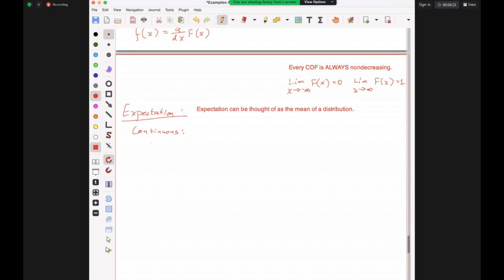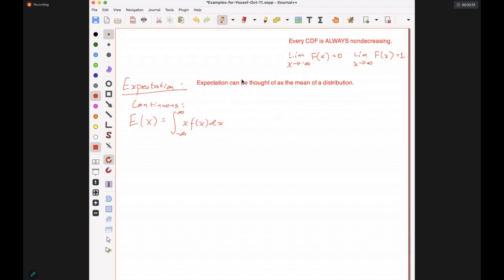So expectation for a continuous distribution, expectation of x is the integral over the entire domain of x, negative infinity to positive infinity, or whatever your domain is, of x times f of x dx.